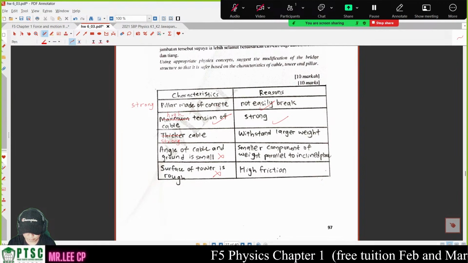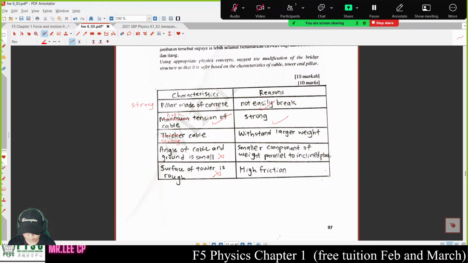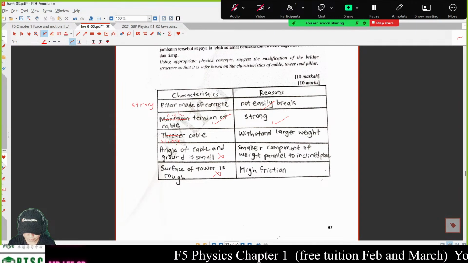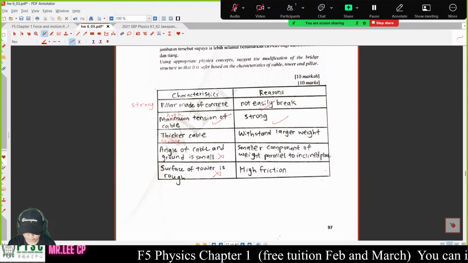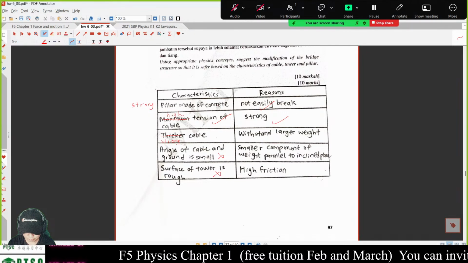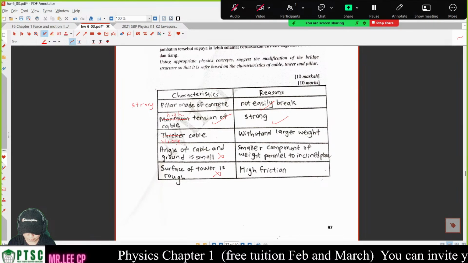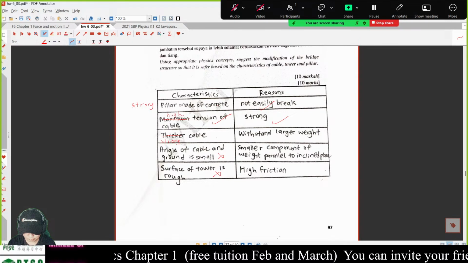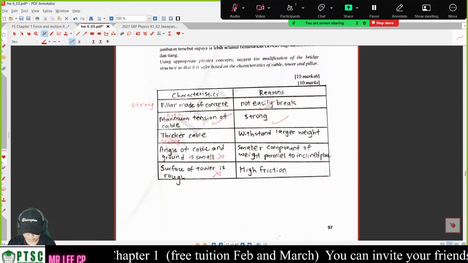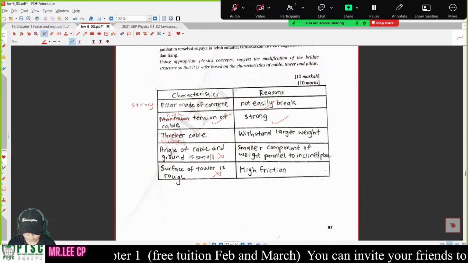Must it be 100% concrete? Or how many percent concrete? Concrete only, no need for sand, no need for water? So you don't use it. I prefer you to say strong pillar made from strong material.